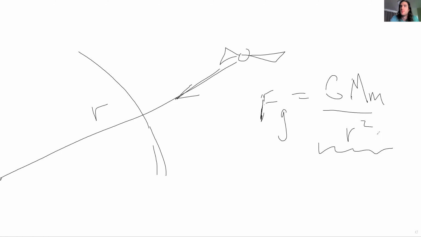Isaac Newton knew that we could treat the Earth as a point mass due to the symmetry of the problem. The fact that the Earth can be seen as flat close to the surface tells him that this thing is a sphere, but when I'm close to the surface of a sphere, I can treat it like it's flat, provided the distance I am above the surface is very small compared to the radius of the Earth.